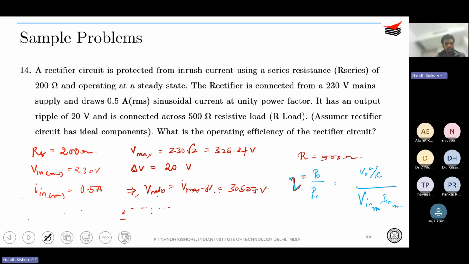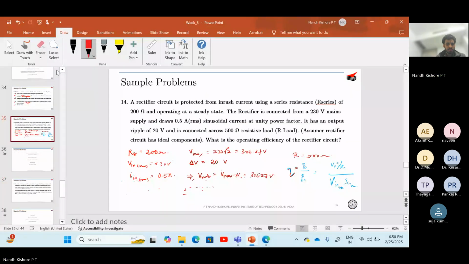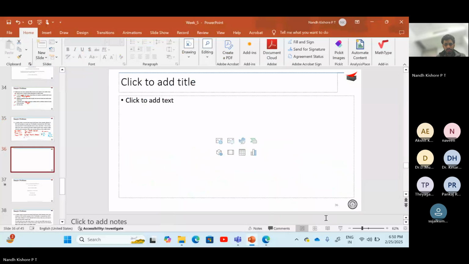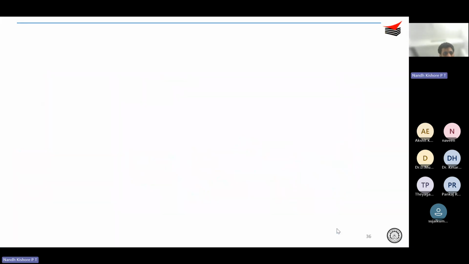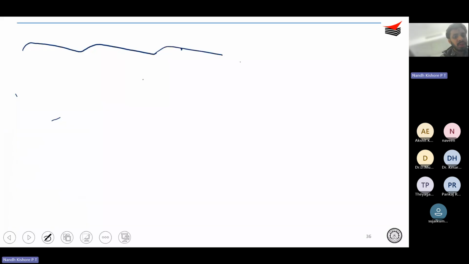Let me take a new slide. You know that under steady state, your voltage is going to look something like this, where this difference is delta V, this is V max, and this will be V min.